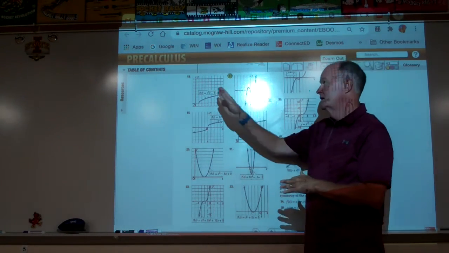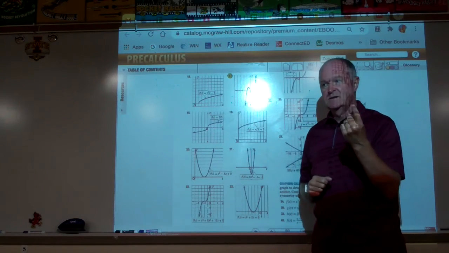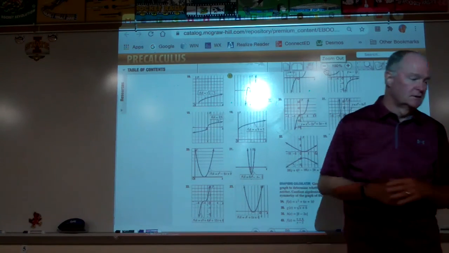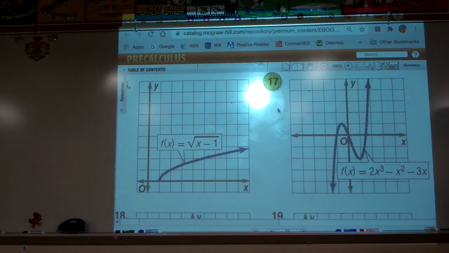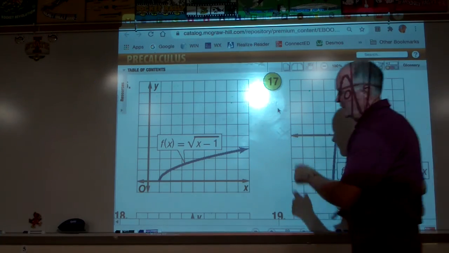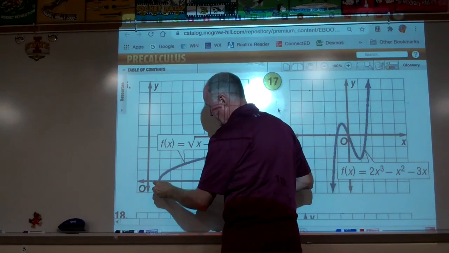Okay? So graphically, identify x-intercept and y-intercept. So if I just look at number 16, I'll just show you kind of what I'm looking for. Pay no attention at this point to the equation, just graphically, here you go.